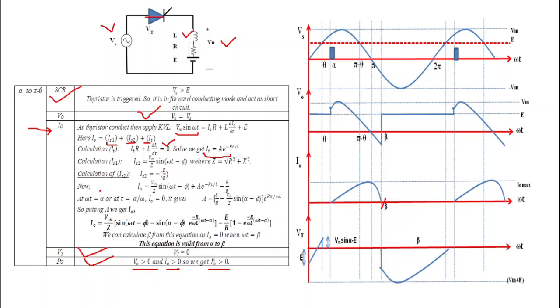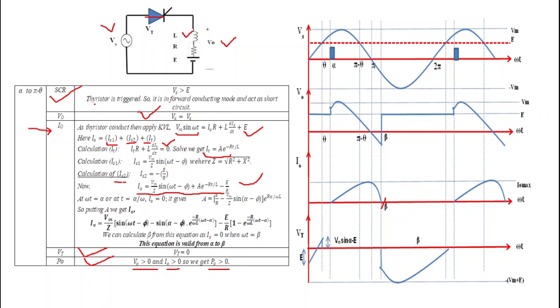Steady state component 2 is due to this EMF E, so it is simply minus E by R. Adding all three components, we get I0 equals Vm by Z sin omega t minus phi plus A e to the power minus Rt by L minus E by R. So this is the equation of current we get.